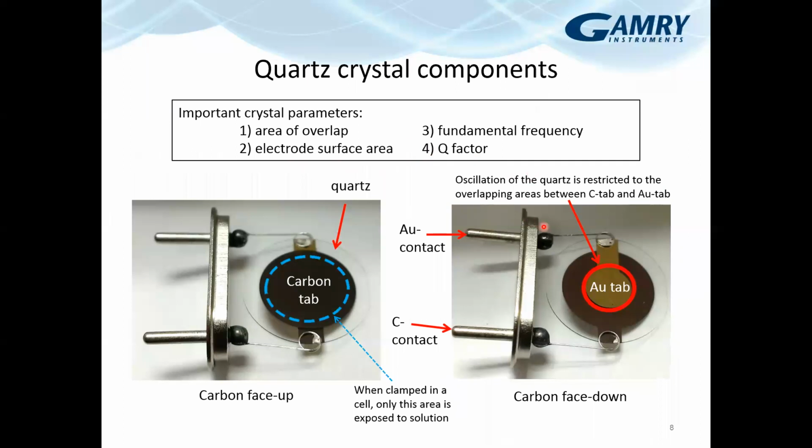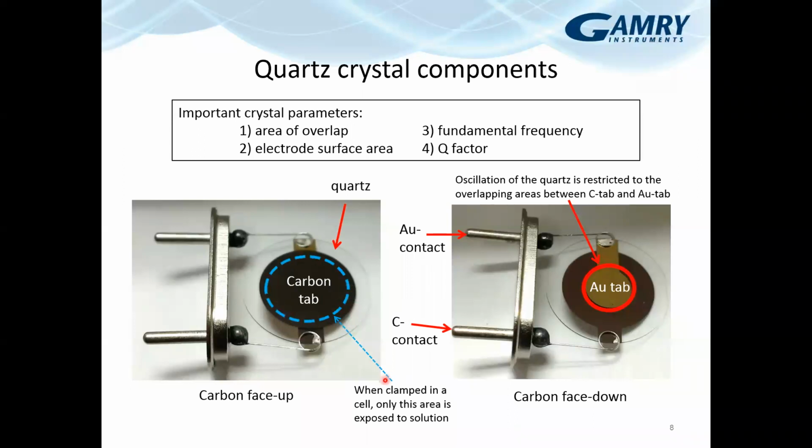So if you look on the left, you'll see that this is the quartz disc, and this is what's called the can, and it makes contact to the electrodes. On one side of this mass sensor, you'll have a carbon tab, in this case a carbon-coated quartz crystal, and this is your electrode surface.